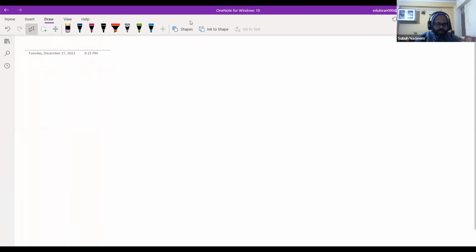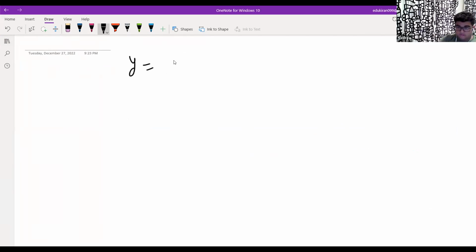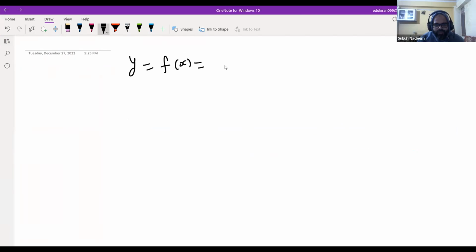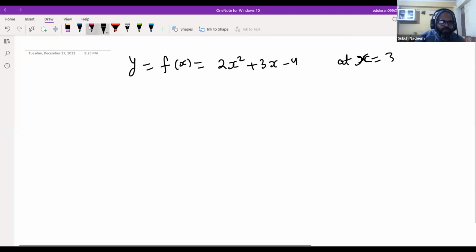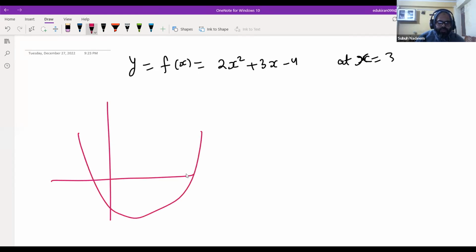So that curve, what was the equation of the curve? Can you tell me? Y equals f(x), whatever it was. f(x) is equal to 2x square plus 3x minus 4, at x is equal to 3. If you see this curve, it may be something like this, suppose. This is the curve.